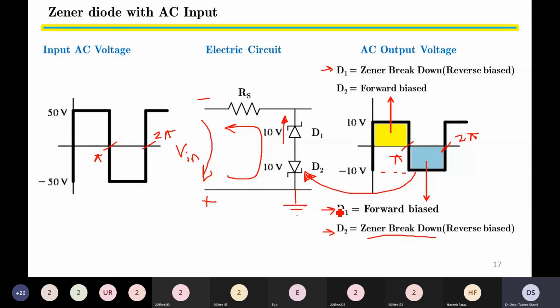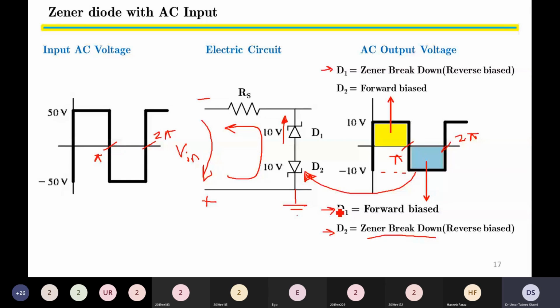Whereas Zener diode D1 is forward biased. Since we are assuming that both diodes are ideal, we will not consider the 0.7 or 0.3 volt barrier potential of either diode which is forward biased. This is a general statement.